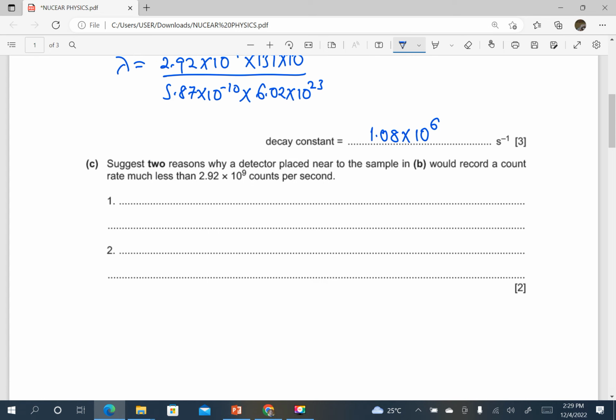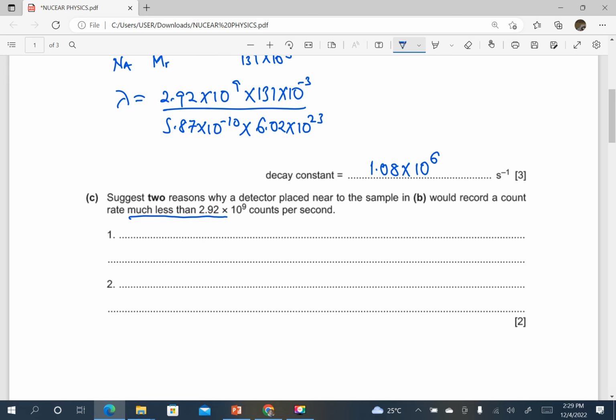Suggest two reasons why a detector placed near to the sample would record a count rate much less. Why would the detector record a count rate which is much less? There are several reasons. Number one, the random nature of radioactivity.